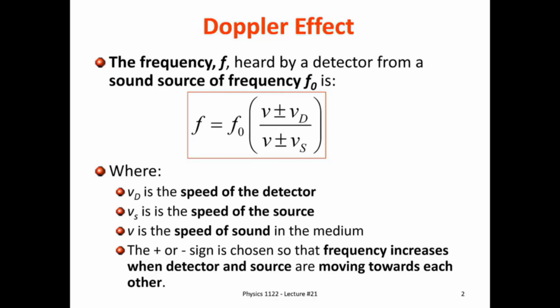And so we introduce an equation here that covers these different cases where either the source is moving or the detector is moving or both. And it allows us to calculate the frequency that the observer will hear if the original frequency at the source is f0.